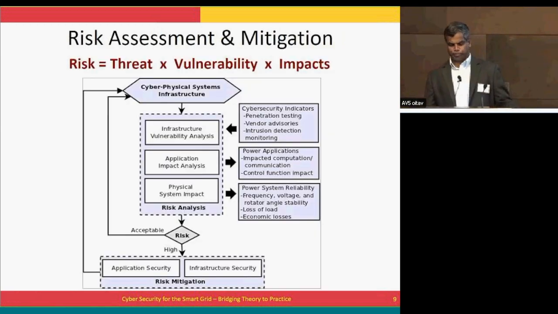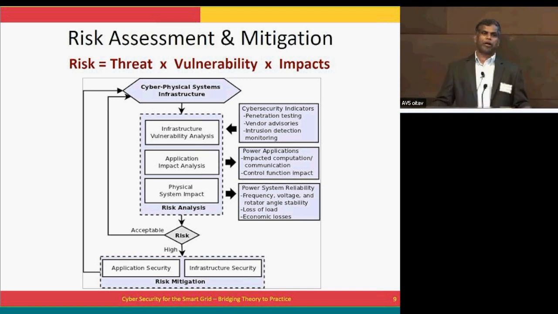So coming to risk assessment, what is risk? Risk, as we know in the traditional sense, is the probability of some event happening multiplied by the consequence of that event. Take extreme events, for example. What is the probability of a hurricane happening in some region of the United States?